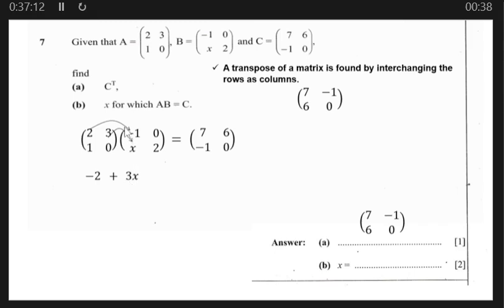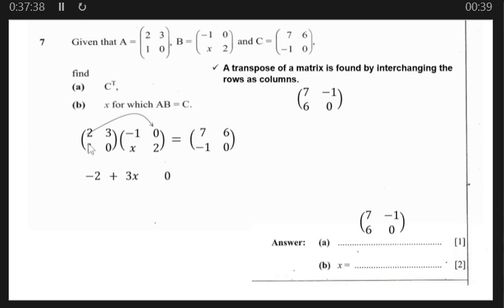Then we are done with that. Then we shift: 2 times 0, which will be 0. Don't put a plus when you move to another column. But once this one is done and the next one picks on this, you should do a plus.